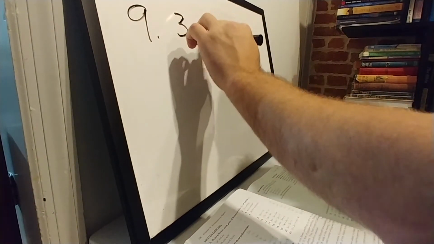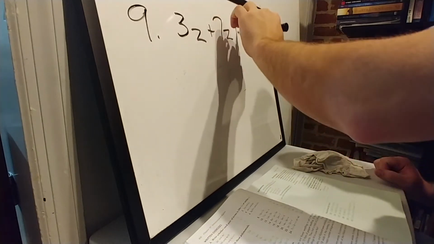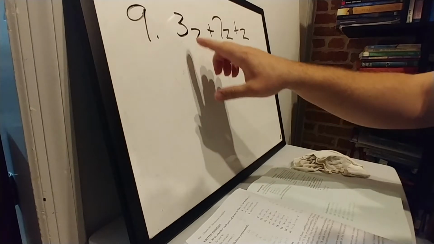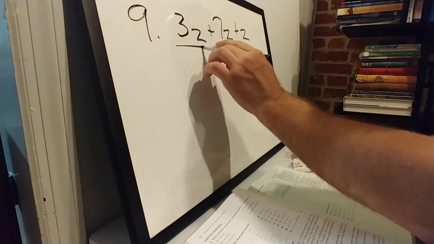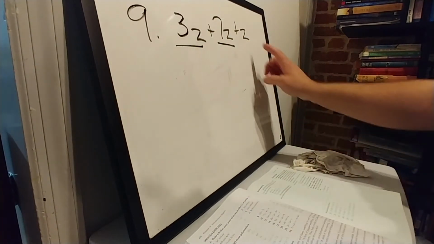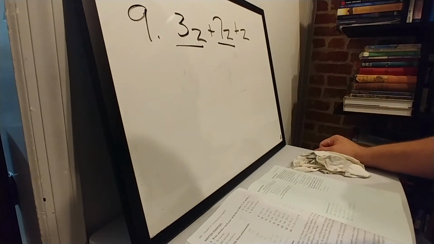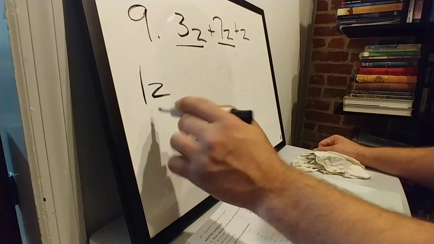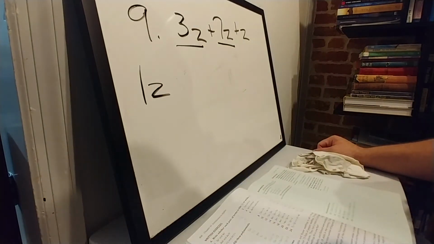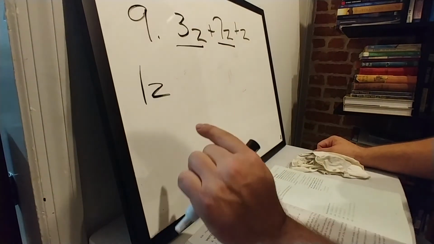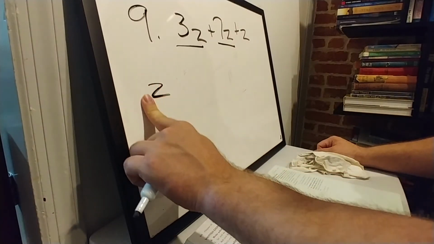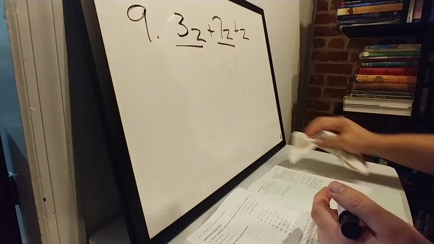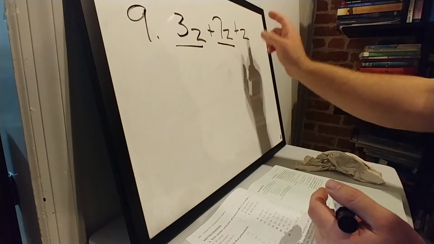All right, pretty basic. Now, let's go down to number 9. We have 3z plus 7z plus z. Oh, good. I'm glad we did this one. So, how many of these are like? Well, this one's like, and this one's like for sure. Is this one like? Yes, it is. In algebra, you never write 1 times anything because 1 times anything is just itself. So 1 is always understood in multiplication in algebra. So this here is 1z. So you have 3 z's, 7 z's, and 1 z.